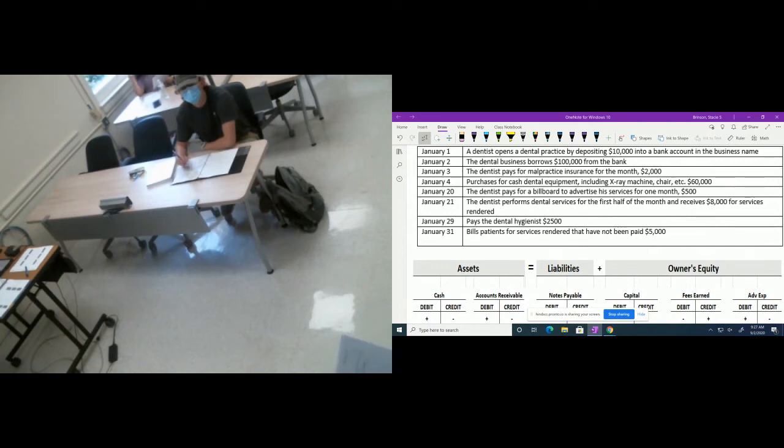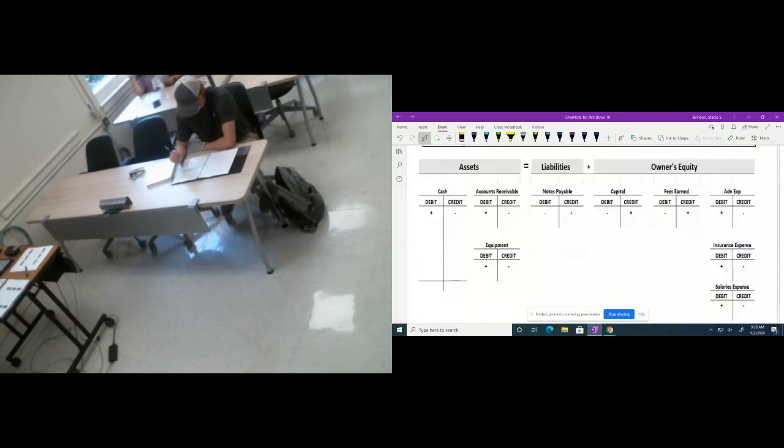On the first, a dentist opens a dental practice by depositing $10,000 into a bank account in the business name. So what happens? What accounts are affected there? Capital. Yes, capital. And then what's the other one? Cash.